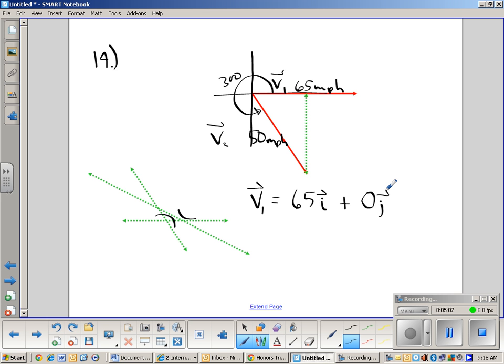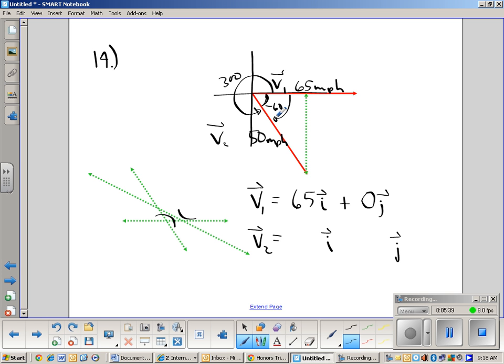Now vector 2 has more to it than that. And so in order to find the i and the j, we need to look at the components. So what was this angle here? 60 degrees. Yeah, it's actually a negative 60 though, right? Because it's going this way.